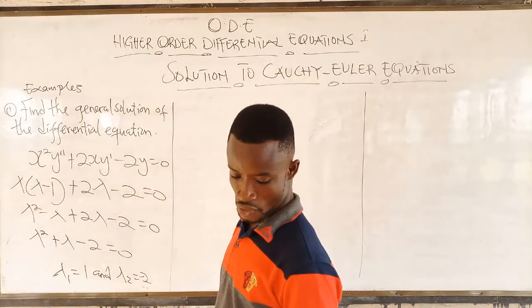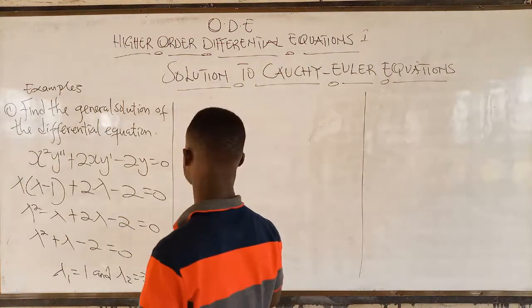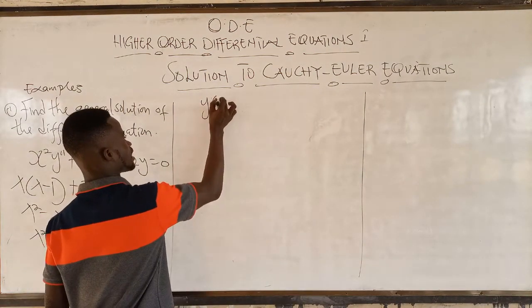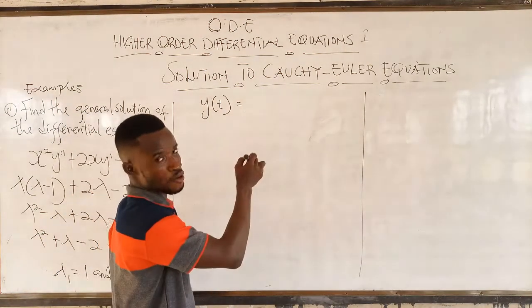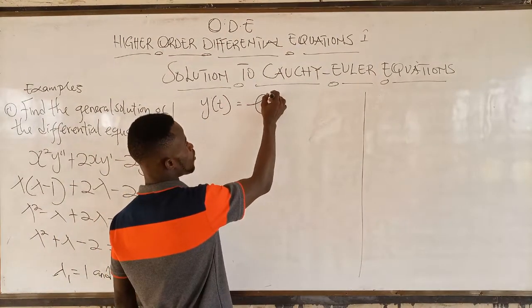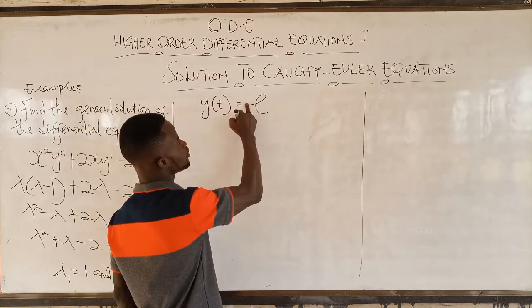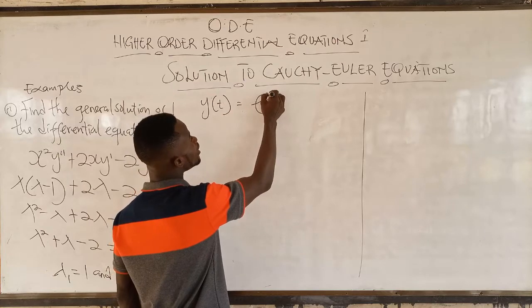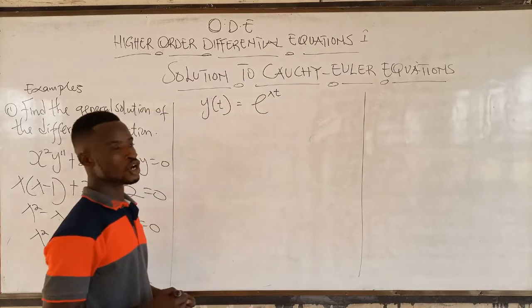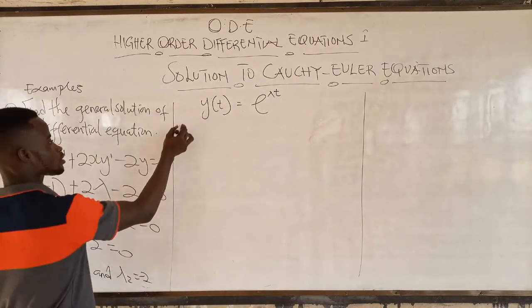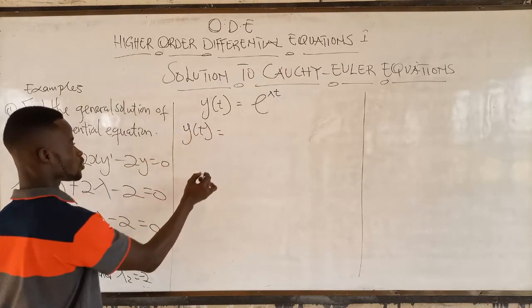Alright, so we write it, as I said, in terms of t: e raised to the power lambda t. Okay, very good. So let's write the general equation.